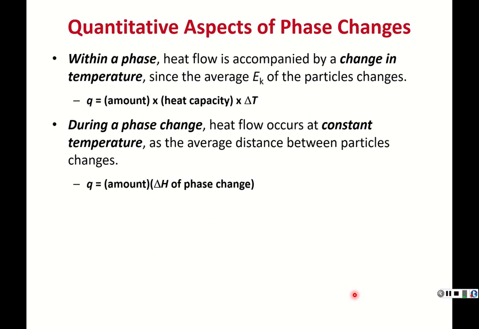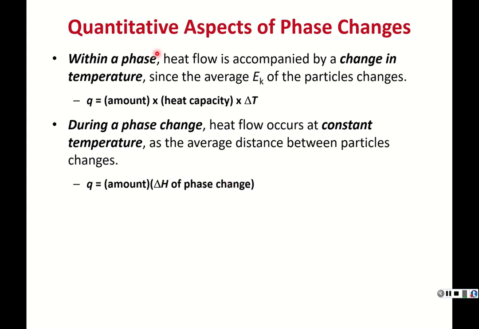Okay. So within a phase, heat flow is accompanied by a change in temperature, since the average kinetic energy of the particles changes. So we can write an equation here: Q equals the amount times the heat capacity times the change in temperature.